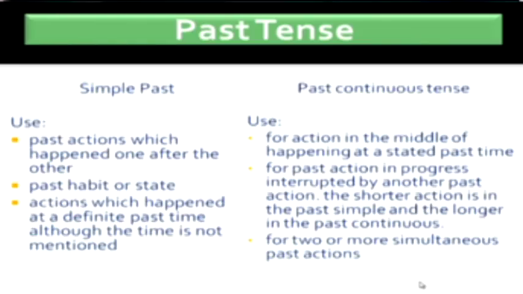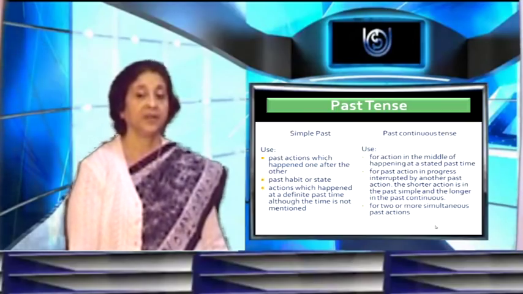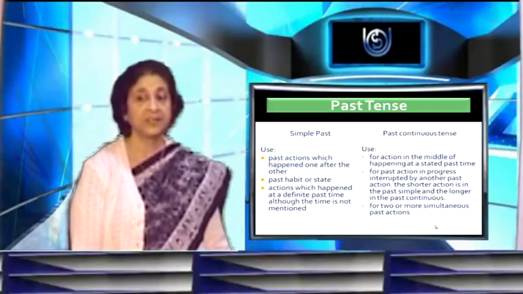Now come to past tense. Now simple past tense and past continuous tense. I have already explained to you that past tense means the action which has happened already. It's over. That is past tense.